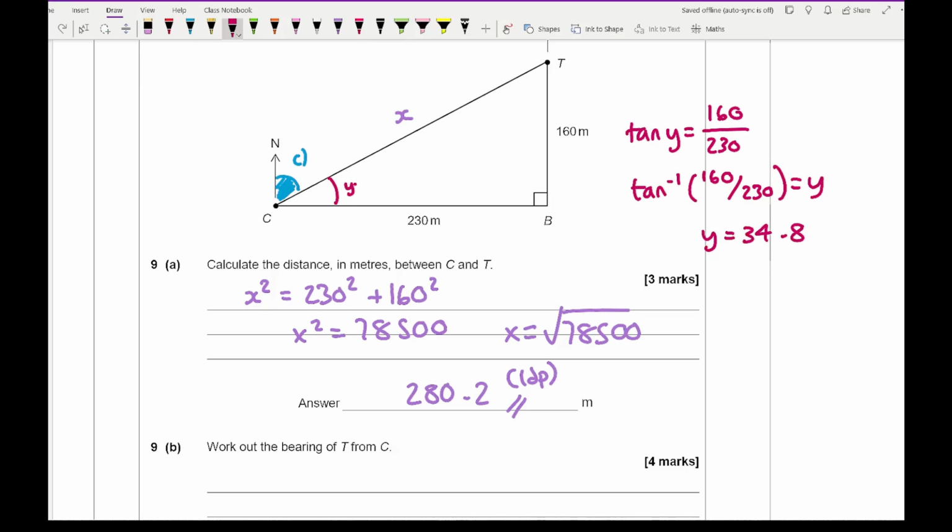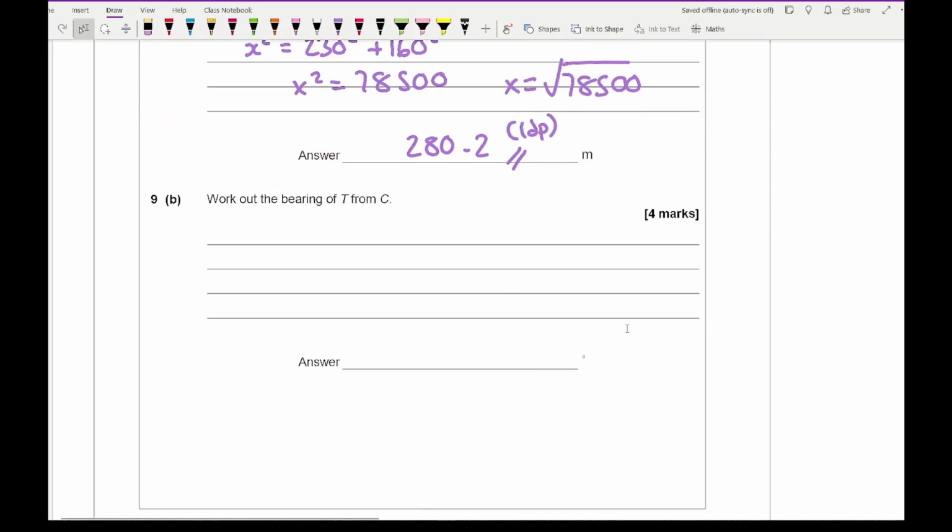So then if this is 34.8, then to work out this blue angle, it's going to be 90 minus 34.8, which gives me an answer of 55.2 degrees, and that's to 1 decimal place, but I need to give it as a bearing, so it's going to be 0.55. So the answer for 9b is going to be 0.55.